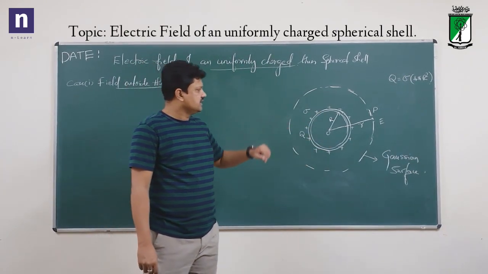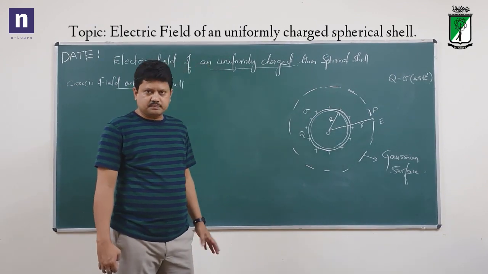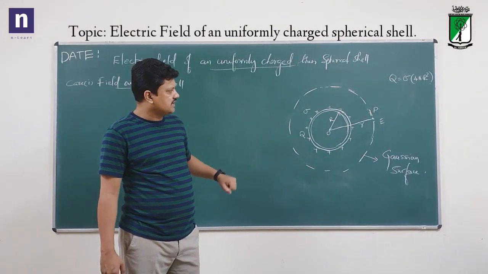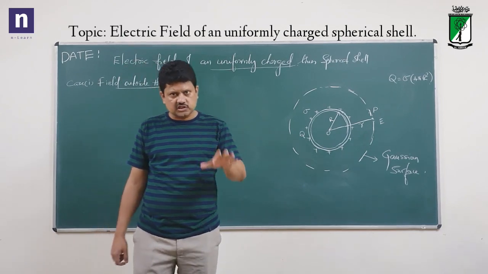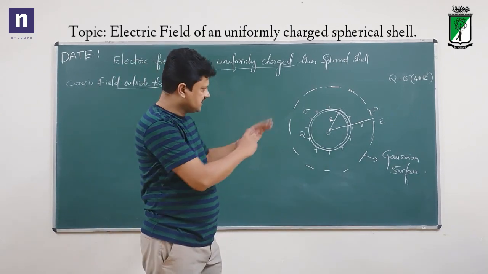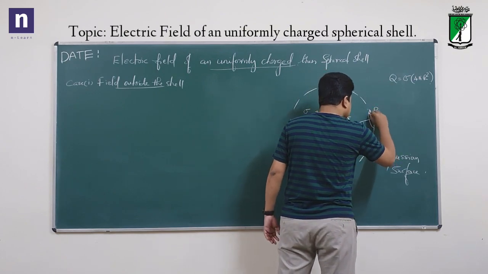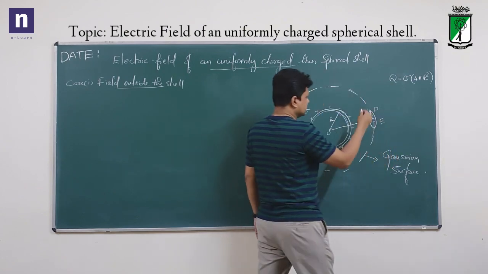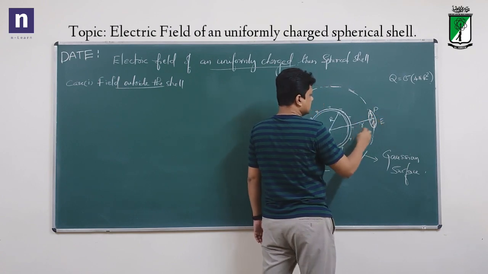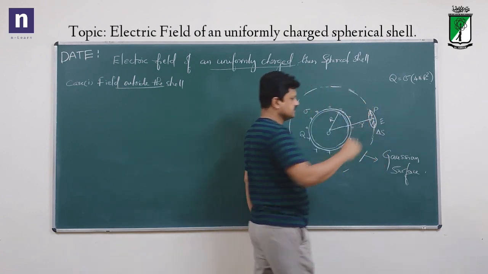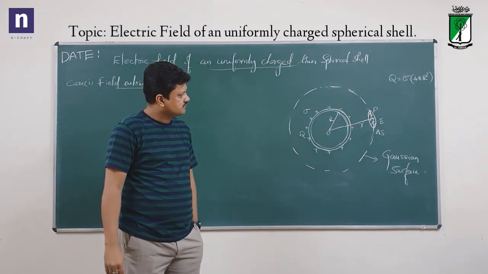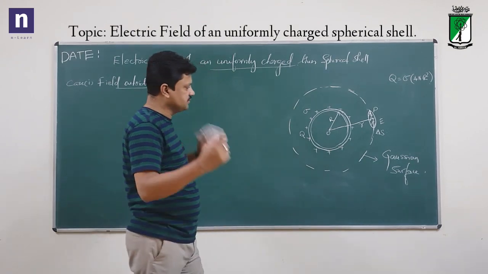Now how to find the electric field there? To get the electric field, we will apply Gauss's law. But to apply Gauss's law, we need to have an idea of the flux there. So for that, let me consider a small surface area on the Gaussian surface, say delta S. Delta S is an imaginary, infinitesimally small area.